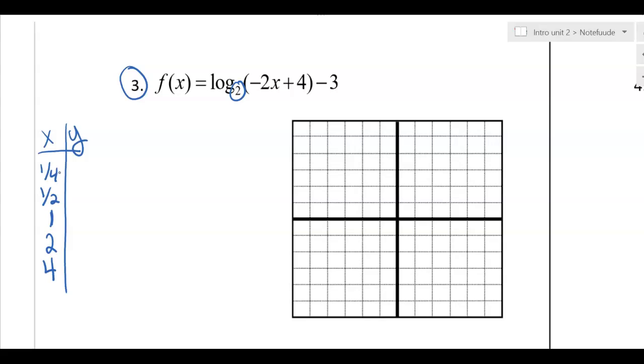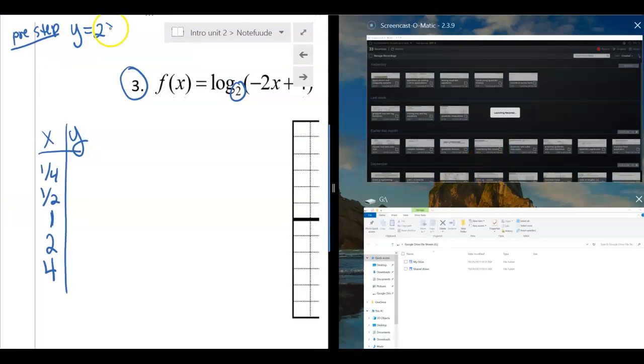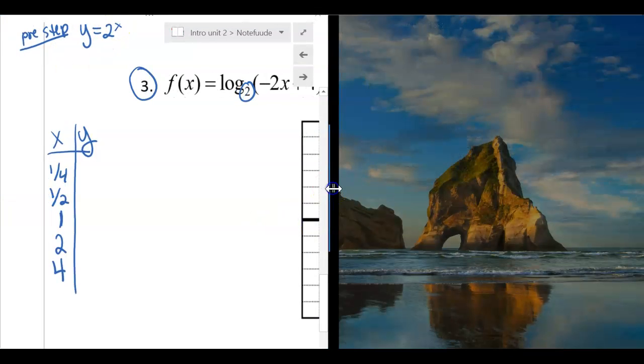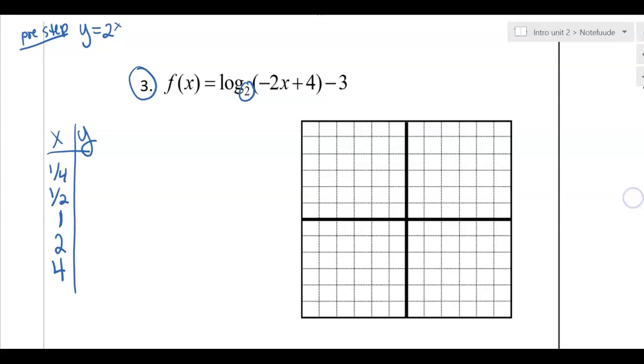But if I'm not comfortable with logs, you would have done a pre-step to this, and your pre-step would have been to build an exponential equation instead. Sorry, because you're uncomfortable with logs. Really, I just did something fancy. Your pre-step would have looked like this. You would have built the exponential function, using 2 as the base, raised to these different powers.